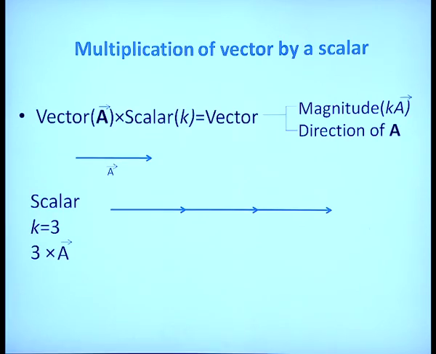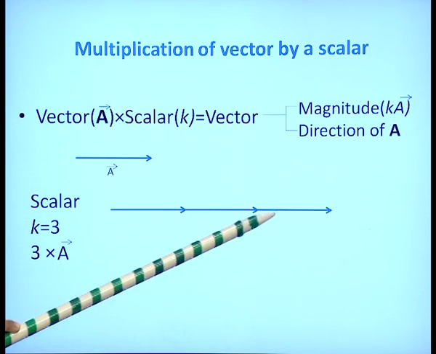When we multiply a vector A by a scalar, suppose k, vector A into scalar k equals another vector whose magnitude will be k times the magnitude of A and its direction will be along A. Here you can see vector A. If we take a scalar k equal to 3, then the product will be 3 into A. The resultant vector, that is 3A, will be 3 times the magnitude of A. This is your A vector and this is your 3A vector.